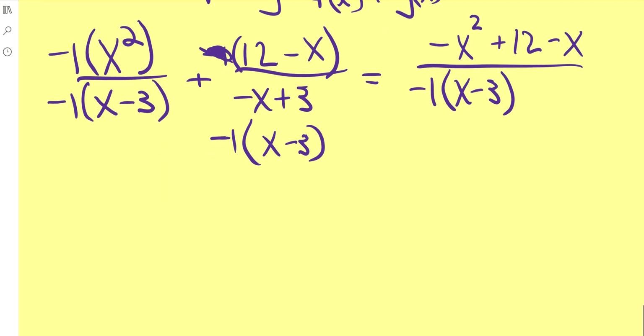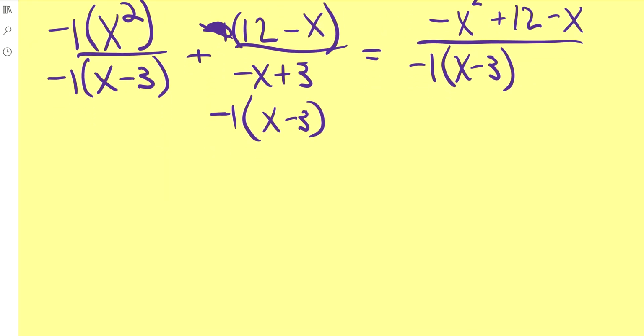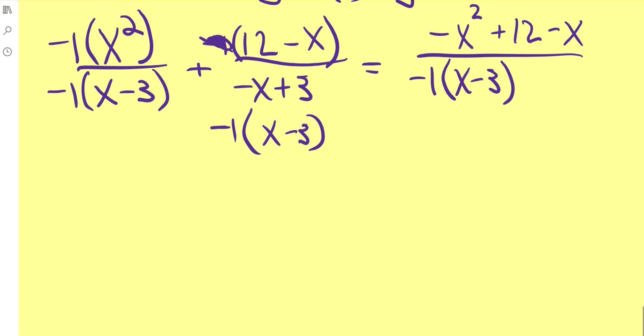And let's scroll down here a little bit. Need a little bit more room. Now it looks like I'm going to factor that negative out again. I didn't really have to do that, but in light of it, I'm going to rewrite this numerator to be in descending order as well. So I'm going to factor out a negative 1.